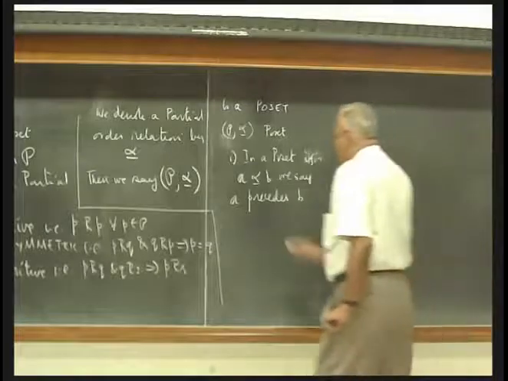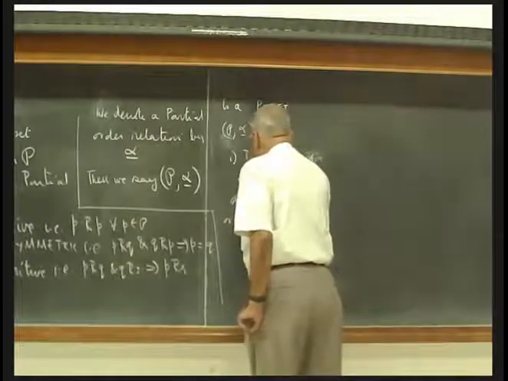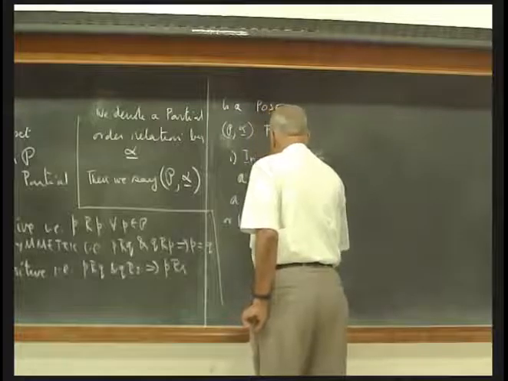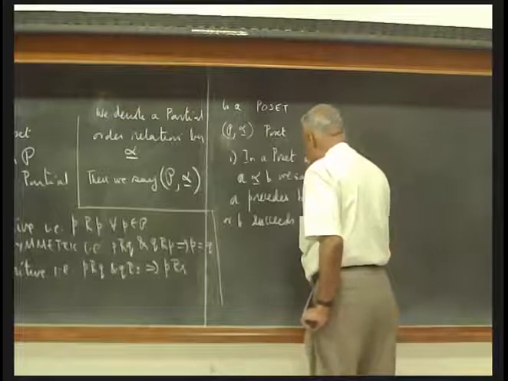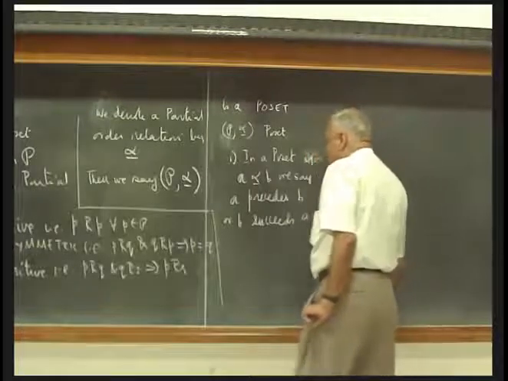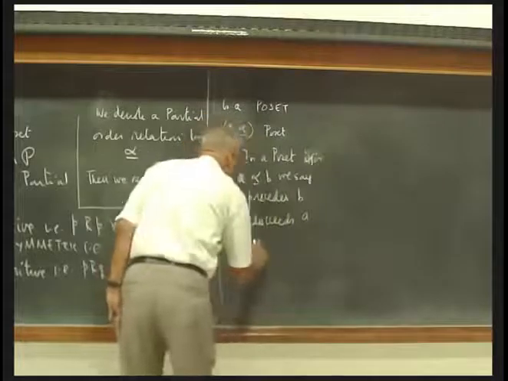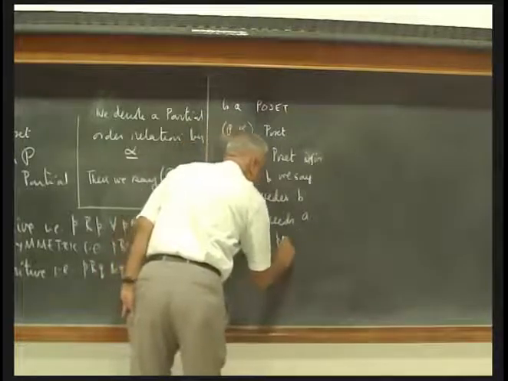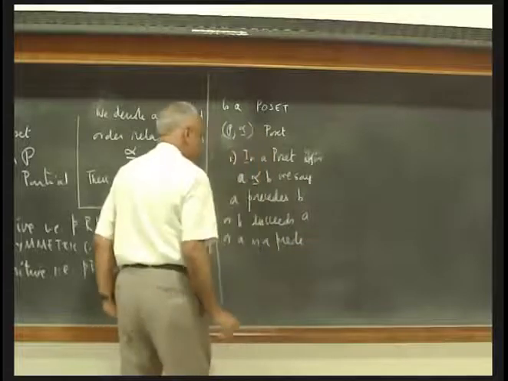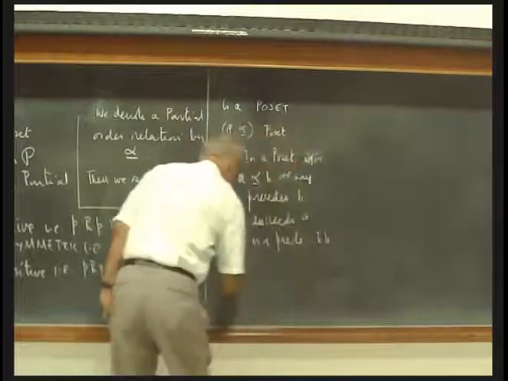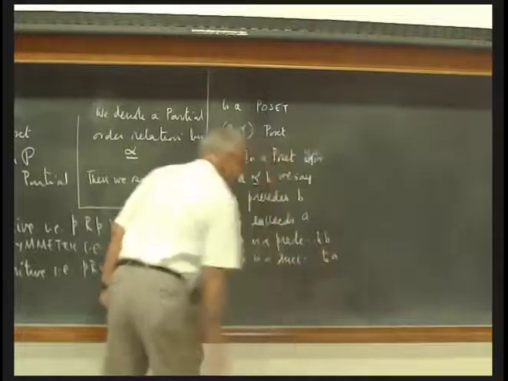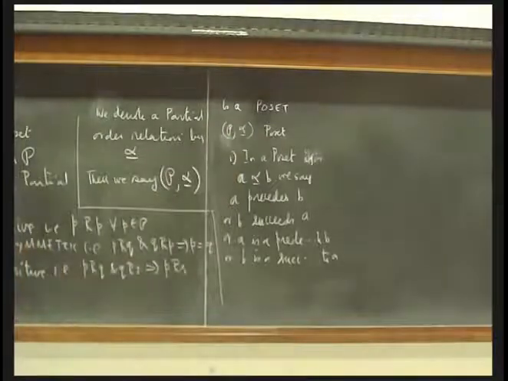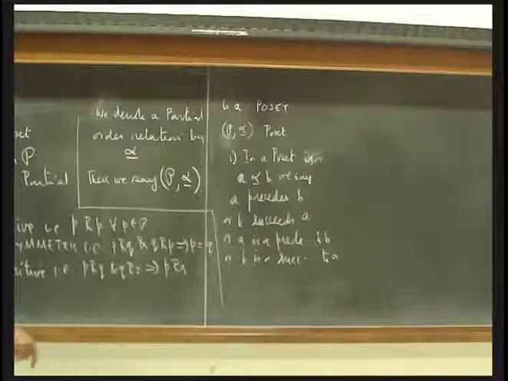A precedes B, or B succeeds A, or A is a predecessor to B, or B is a successor to A. I never tried to spell these. That's why mathematics is simply done with a symbol.